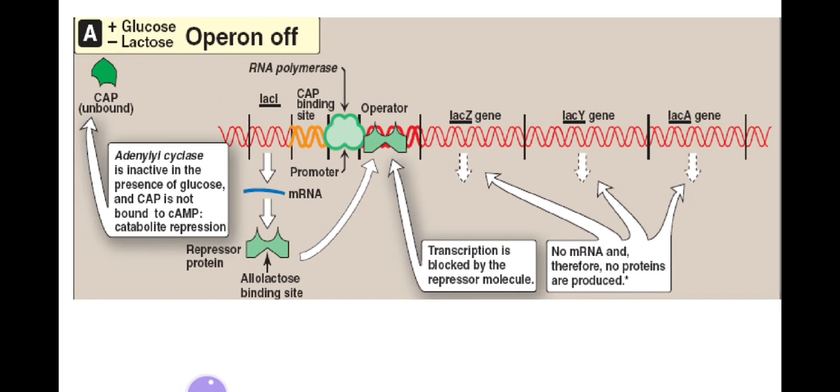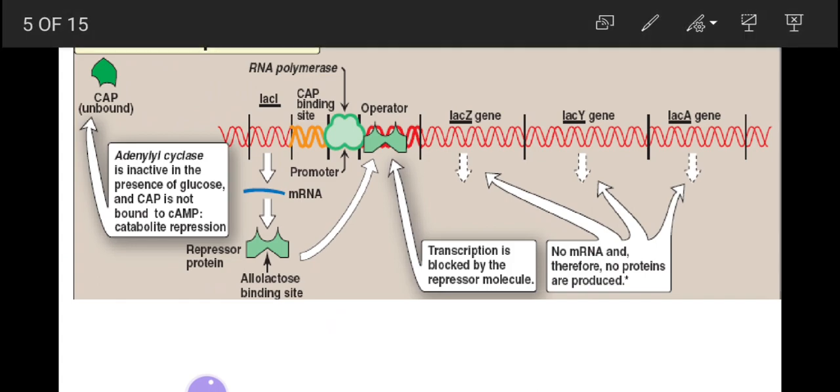In the upstream region, there is the operator region, then the promoter region. The promoter region is where the RNA polymerase binds. This is the operator region, and this is the CAP binding site. At the CAP binding site, the CAP protein, bound to cyclic AMP, will bind.